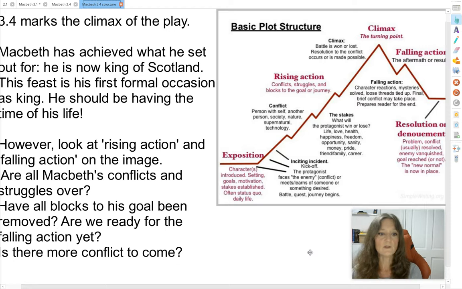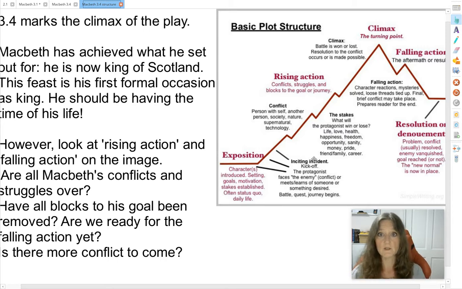However, if we have a look at the rising action, it says here, conflict, struggles, blocks to the goal or journey. Are his conflicts and struggles over? No, they're not. Banquo is about to come back and haunt him. And this really, really messes up the climax, the time that Macbeth should be enjoying himself. Have the blocks to his goal been removed?